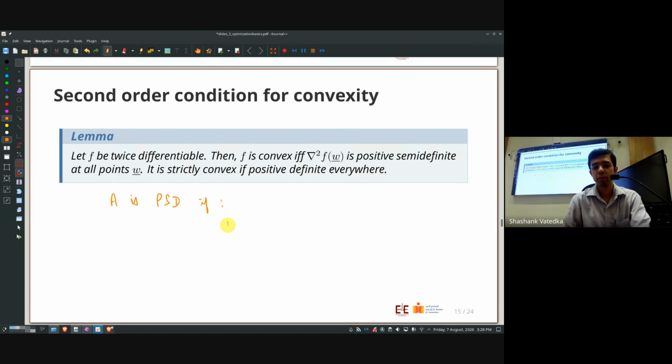Yep, there are again equivalent definitions. So one is that X transpose AX is greater than or equal to 0 for all vectors X. It's positive definite if this is strictly greater than 0 for all non-zero vectors X.